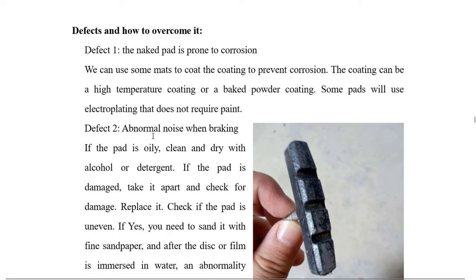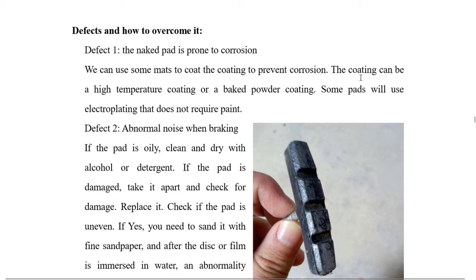And this is the manufacturing defects of brake parts and how to overcome them. Defect 1 is corrosion. We can use some methods to coat and cut to prevent corrosion.